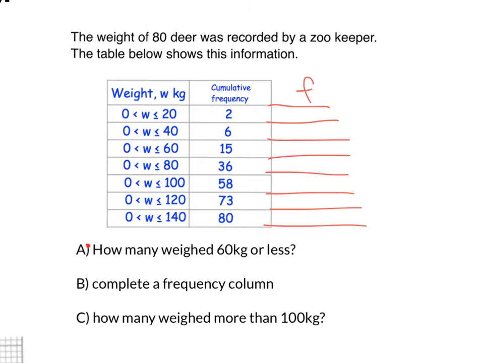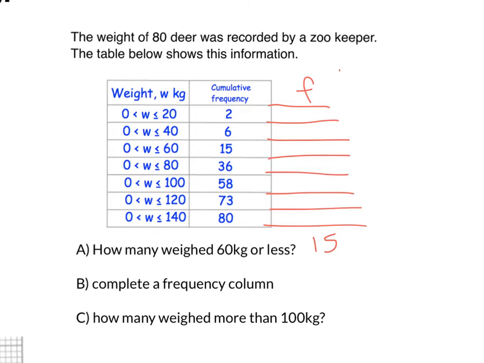So the first question is how many weighed 60 kilograms or less? Well, here you've got 0 to 60 is 15. So there's 15 who weigh 60 kilograms or less. Complete a frequency column.